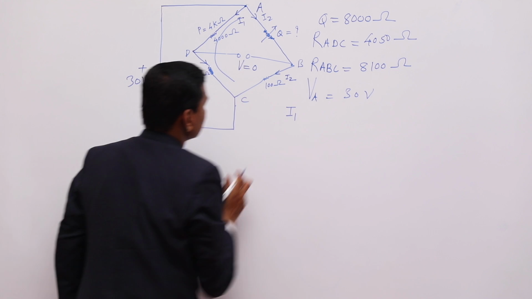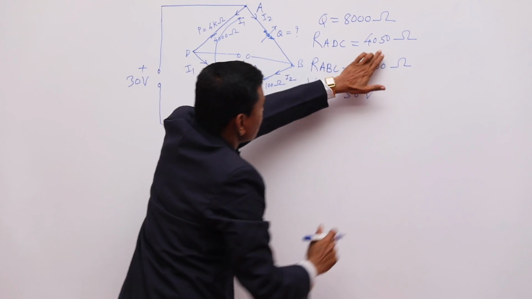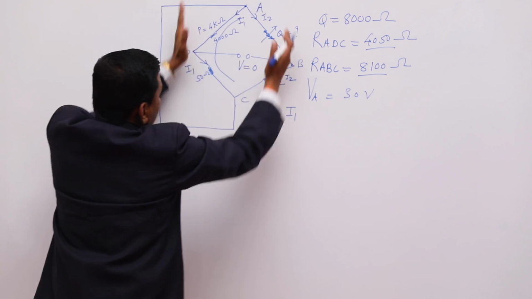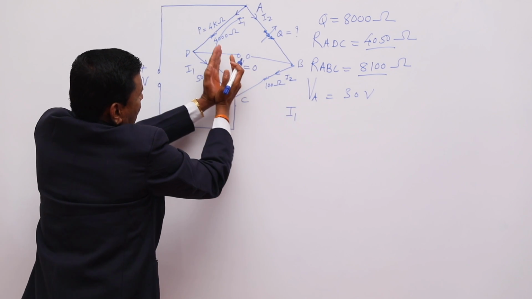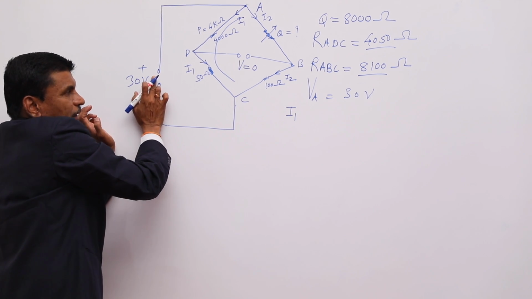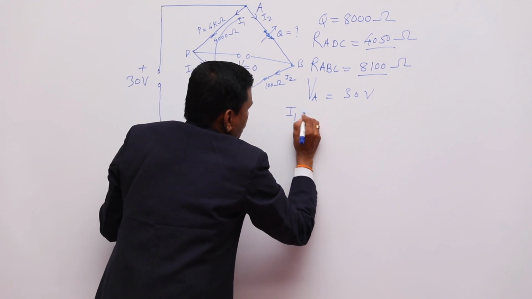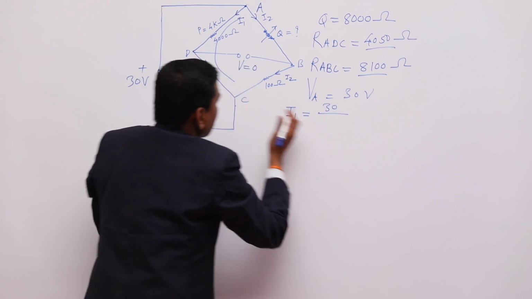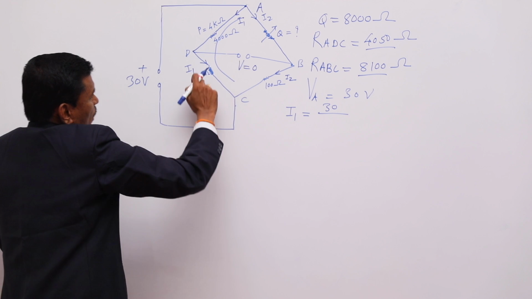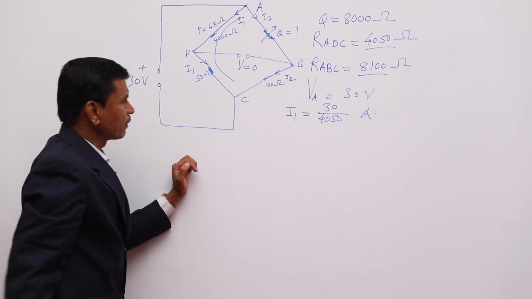I1 is equal to this 30 volt battery upon this resistance. This resistance and this resistance are connected in parallel to each other, and this parallel combination is connected with a 30 volt battery. So current I1 can be easily found out. I1 is equal to 30 volt divided by the resistance, so 4050. So that is current I1.